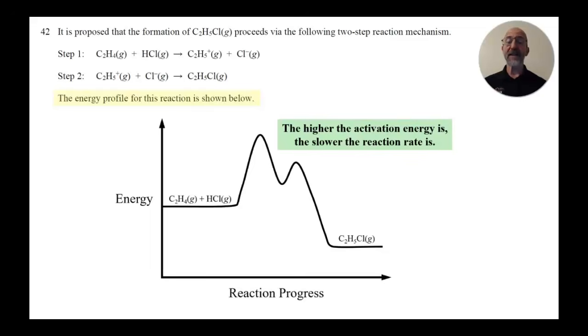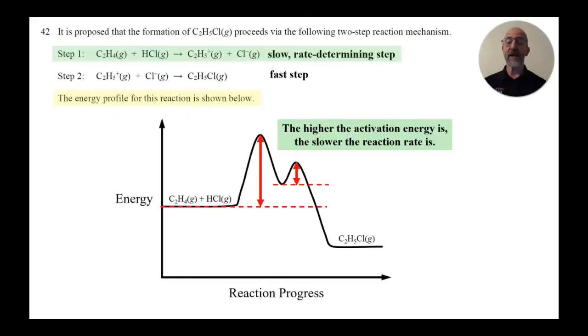Now, the higher the activation energy is, the slower the reaction rate is. So this is the activation energy for step 1, which is larger, and this is the activation energy for step 2, which is smaller. So now we know that step 1 is the slow rate determining step, and step 2 is a fast step in this mechanism.